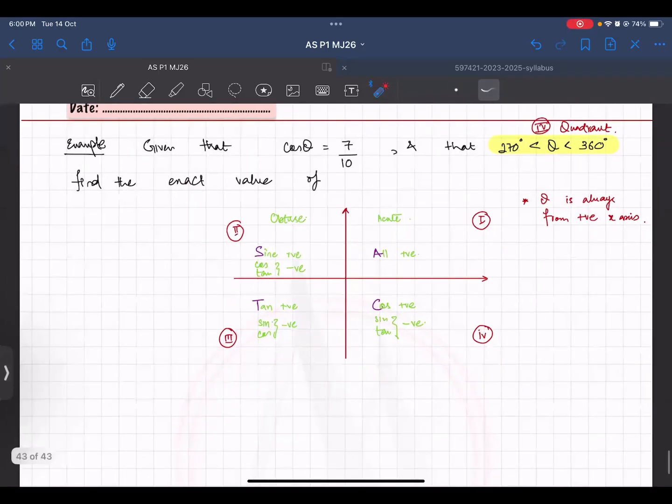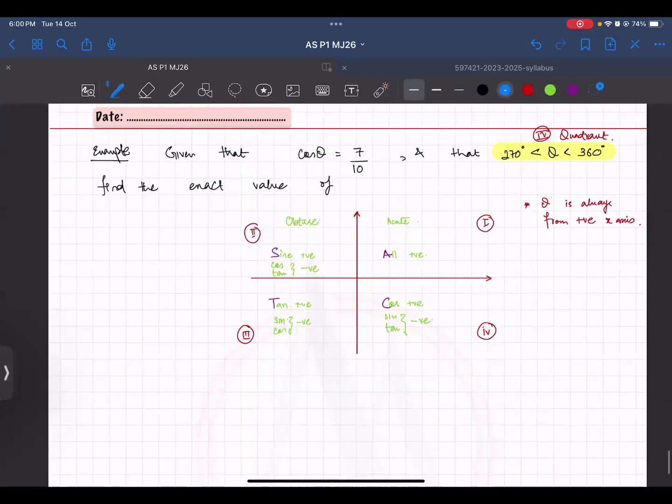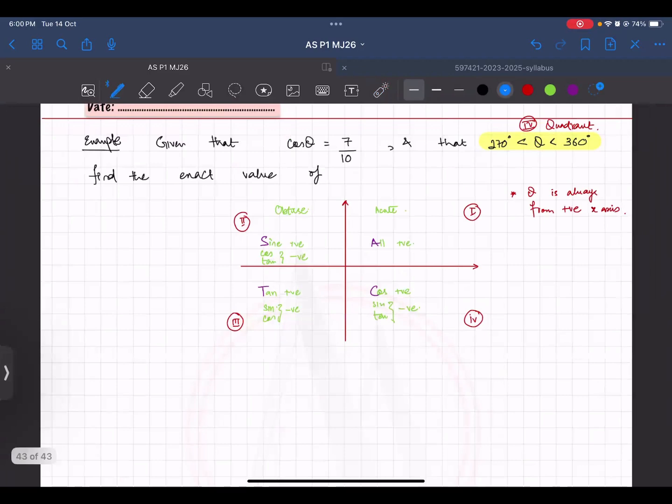Now I can solve this. How? First of all, I would relate this cos theta equals 7 upon 10 with a simple right angle triangle. So this is your theta. Adjacent is 7, hypotenuse is 10. And I can use Pythagoras. 10 squared equals 7 squared plus perpendicular squared. So 100 minus 49 is equal to perpendicular squared.